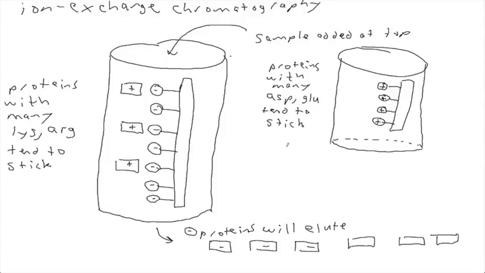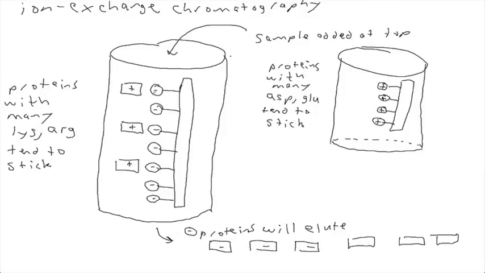Okay, good. By the way, how would you make the column negative? What would you put on the beads? So for example, let's say we used phosphate groups. Do you know are phosphate groups positively or negatively charged? Phosphate groups are negatively charged.